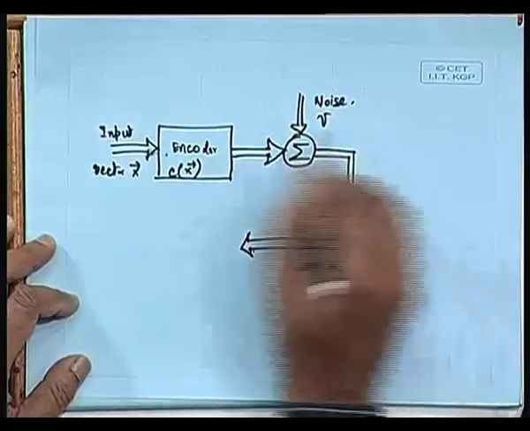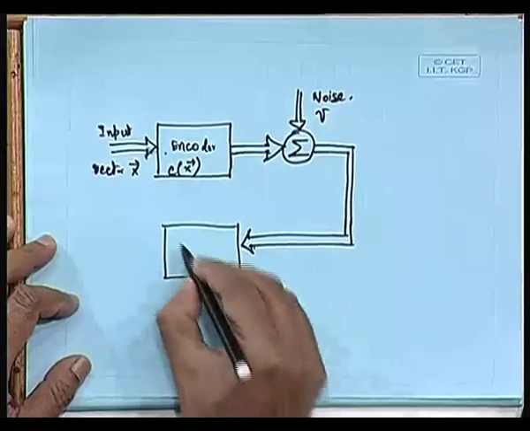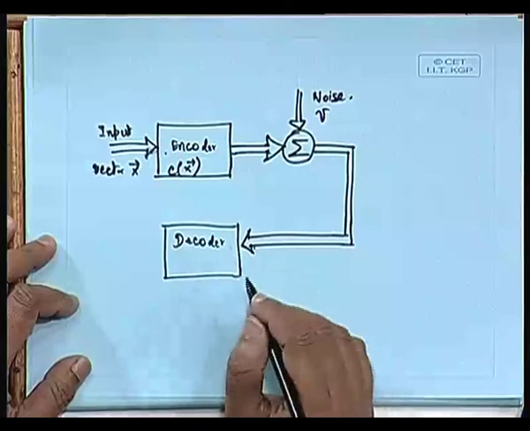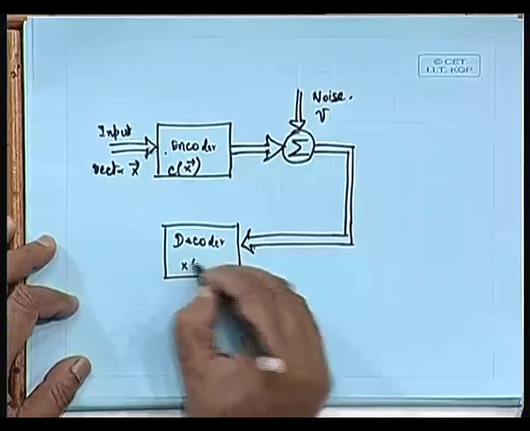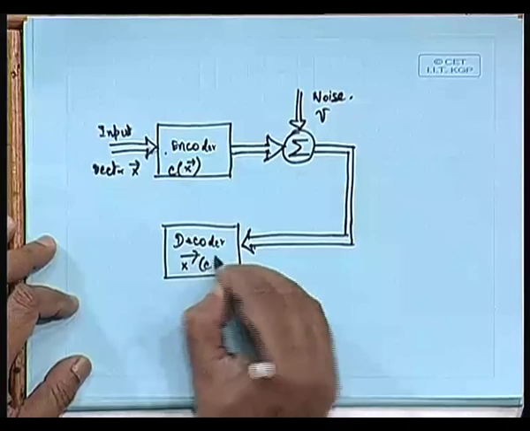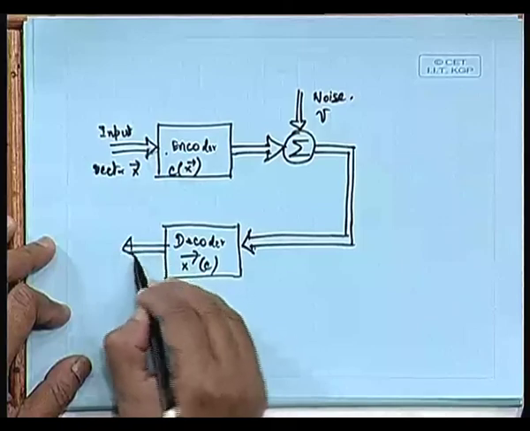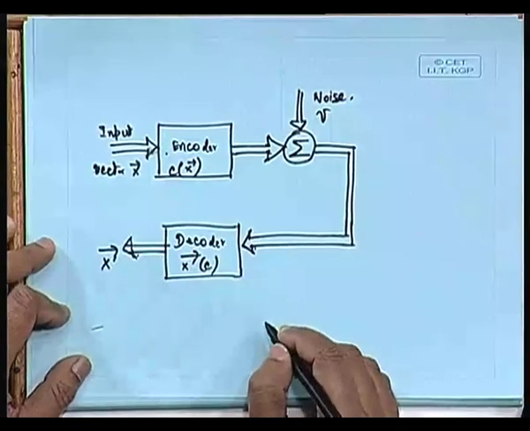So, this is the channel effect, and then comes the decoder. Although this is an analogy to communication, mind you, we will be talking specifically about the analogies a little later, the encoder decoder model analogy with the self organizing map. Here we will be having the reconstructed x vector.